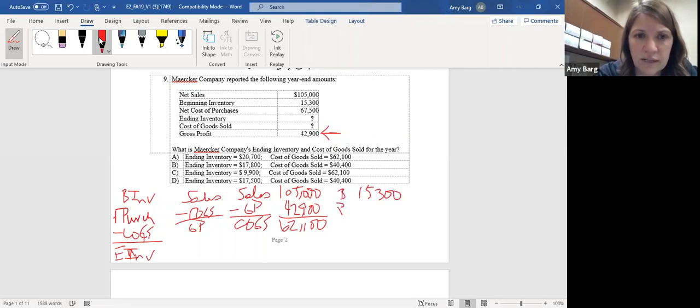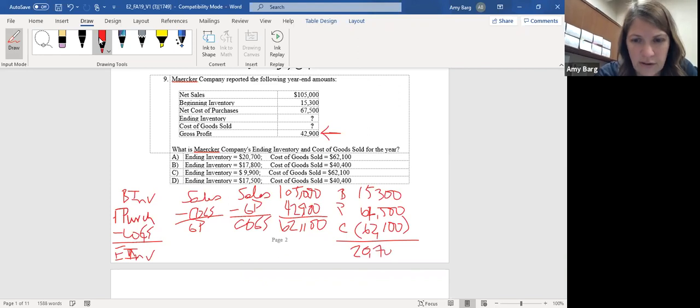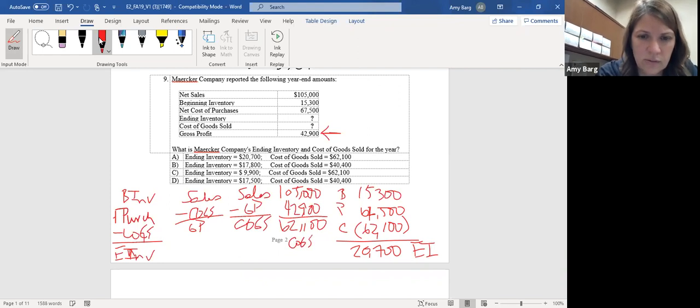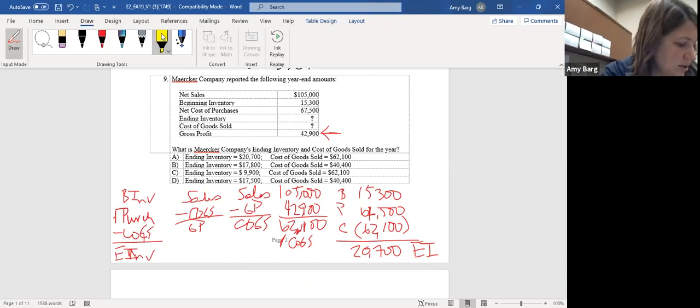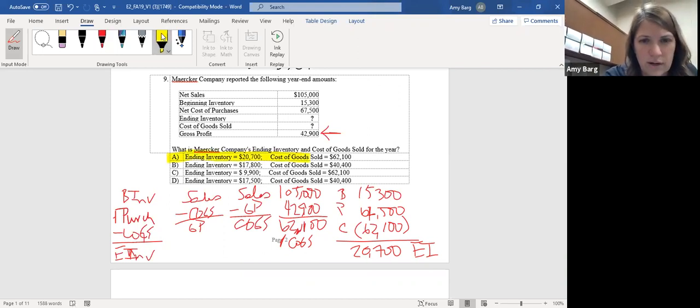And then purchases are 67,500. And then cost of goods sold we just figured out was 62,100. So we can come up with ending inventory of 20,700. This is ending inventory. This is cost of goods sold. So the answer to this one is right here.